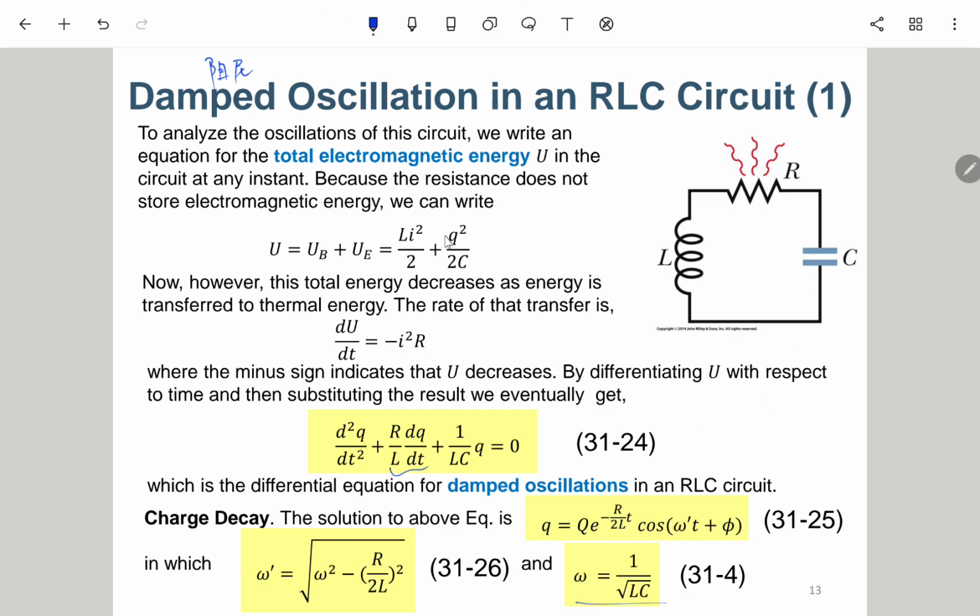Okay, so here we can go back a bit. For the damped oscillation in the RLC circuit, we have R here, RLC in a loop.